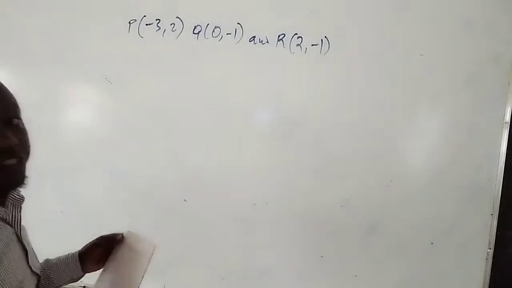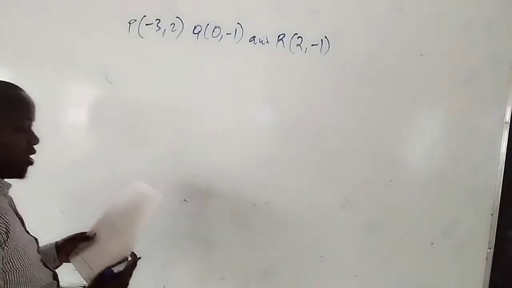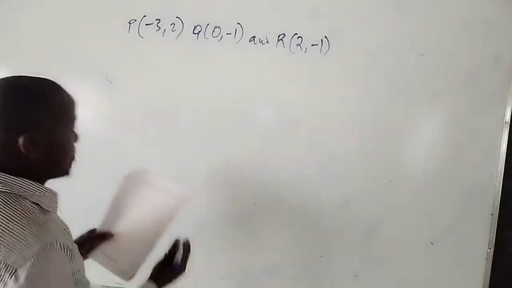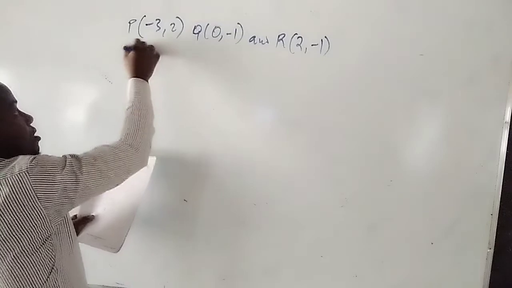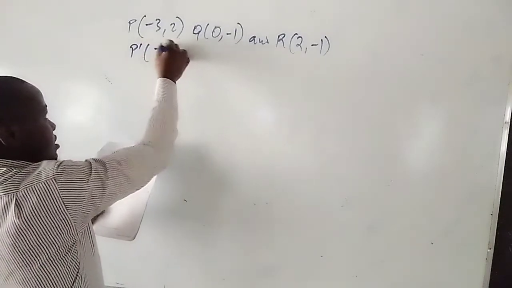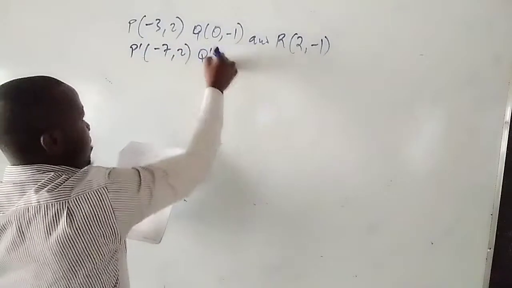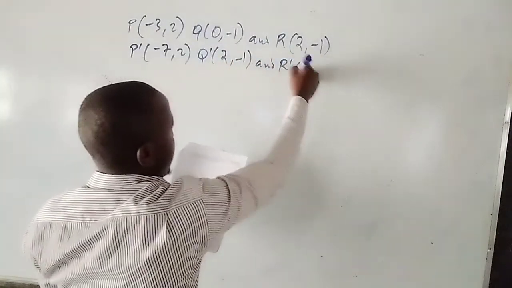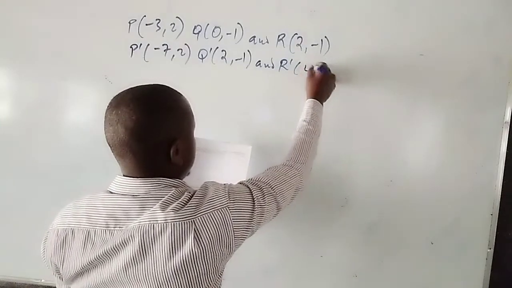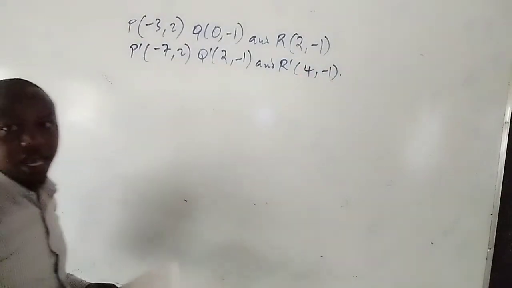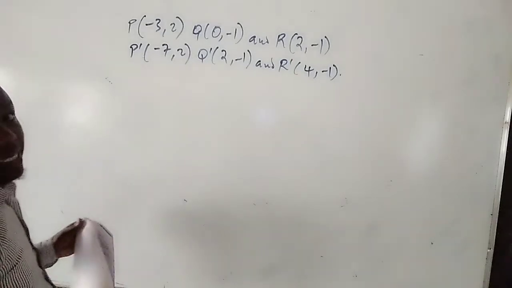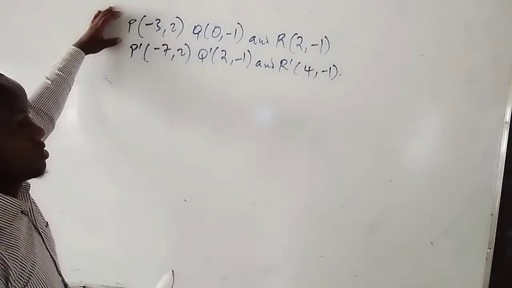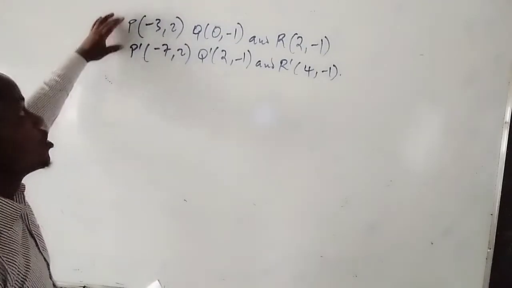Then we are told a transformation matrix M maps triangle PQR into P prime, negative 7, 2; Q prime, 2, negative 1; and R prime, 4, negative 1. Therefore, we have a matrix of transformation mapping this triangle to this triangle.